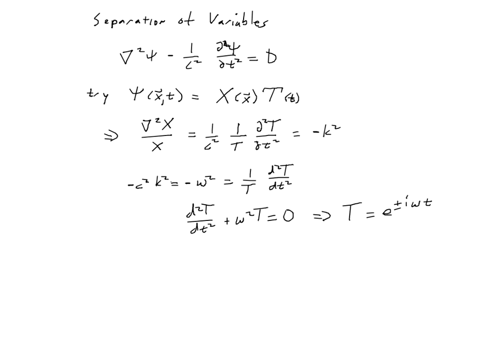So that's just a simple solution so far. Now, we also know that minus k squared should be equal to del squared X over X. And so we see that minus k squared X is equal to del squared X, like this.